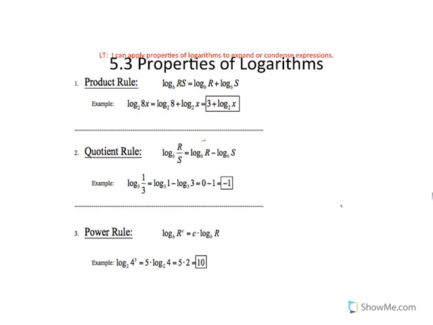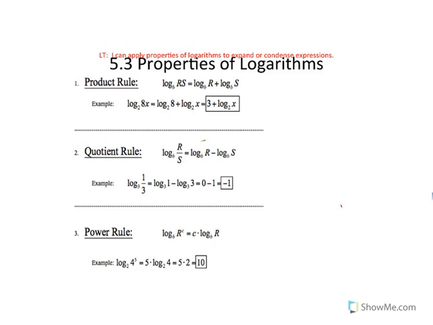The last rule that we're going to take a look at is the power rule. And again, common sense, a power is an exponent. So the power rule is going to be dealing with me taking the log of something that also involves an exponent or a power. You'll see that in this variable example up here. I've got log base b of r to the c power.